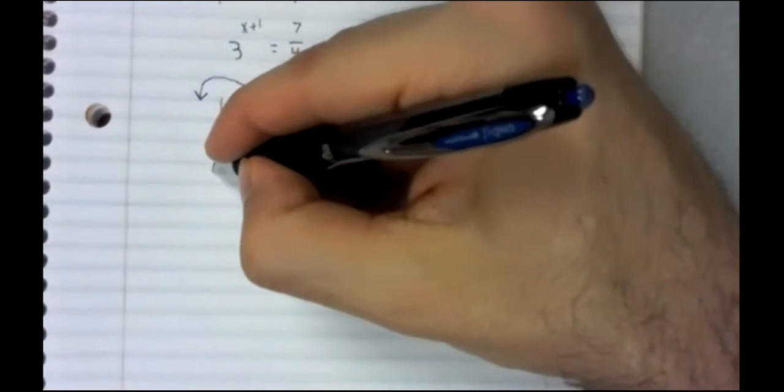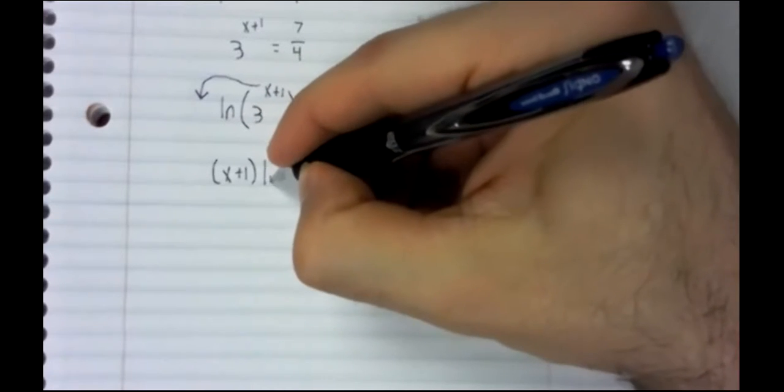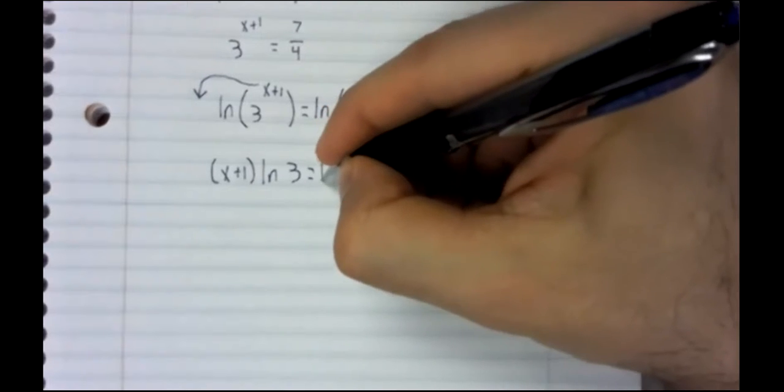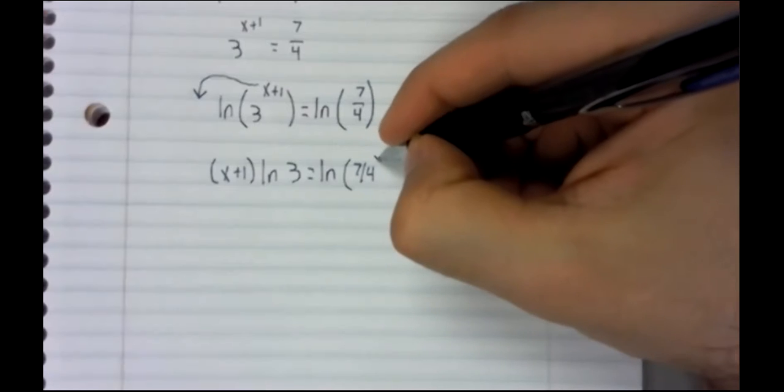We can take the logarithm of both sides. On the right, this is just some number. On the left, that x plus 1 comes down. But it comes down inside parentheses.